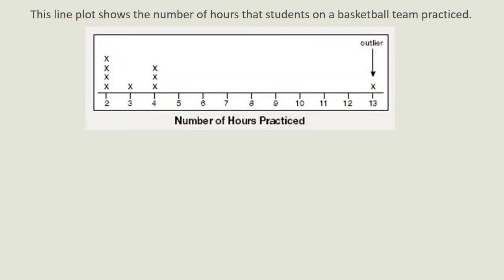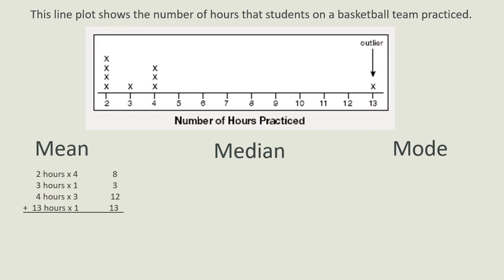This line plot shows the number of hours that students on a basketball team practice. We're going to find the mean, median, and mode for this data set. To find the mean, we want to add all the numbers together and divide by how many basketball players there are. Because there are 4 players who practiced 2 hours, we have 4 twos.